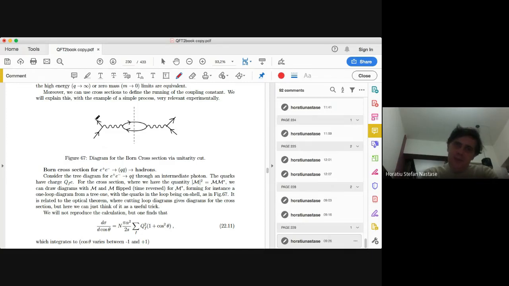So after the collision, you create a photon, and the photon itself can decay, in QED, also into electron positron.